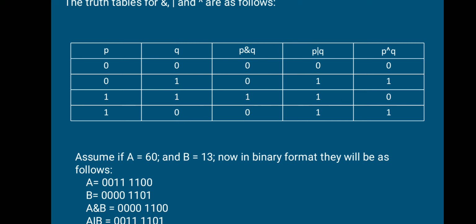And when I take OR, any one of the bits should be 1. The other can be 0. So when P and Q are both 0, the result is 0. In other cases, the result is 1, that is true. And XOR: in XOR, only one of the bits should be 1. When both are 1 or both are 0, it returns 0.